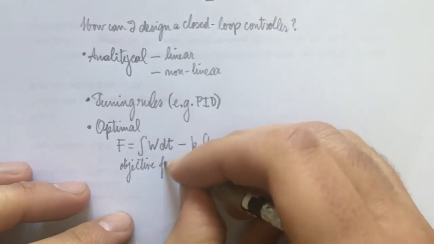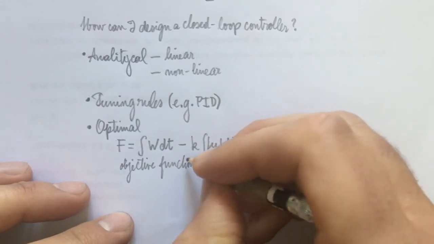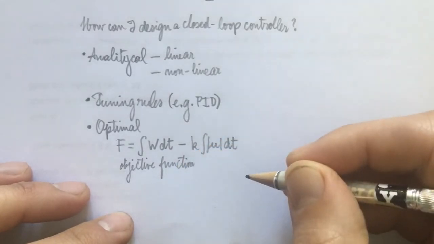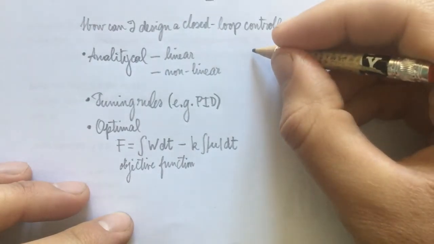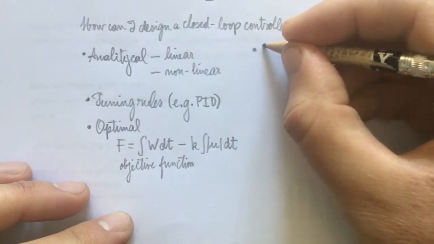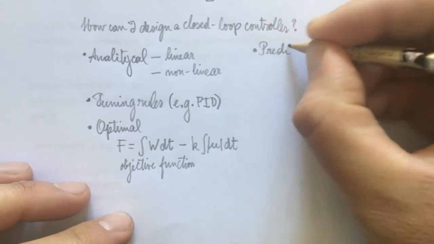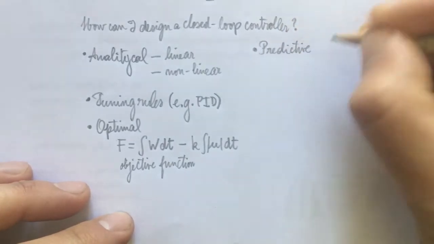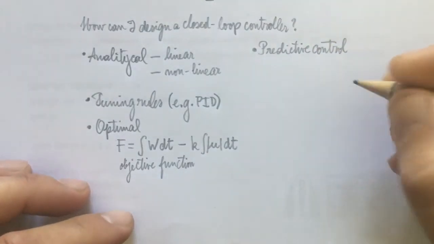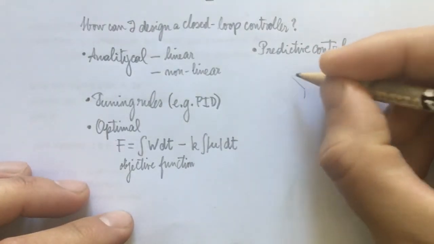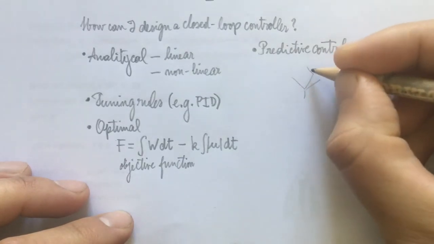Let me now give you the names of a few nonlinear techniques to design controllers. We have predictive control, which uses a model of the plant to try to predict what will happen in many possible situations in the future.